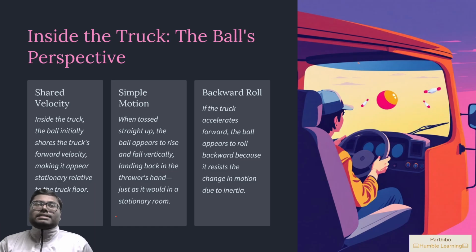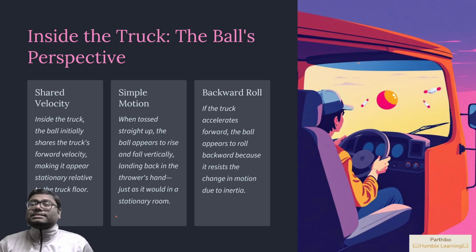And backward roll: if the truck accelerates forward, the ball appears to roll backward because it resists. Why does this happen? Because it resists its state of rest or change in motion due to inertia, right?